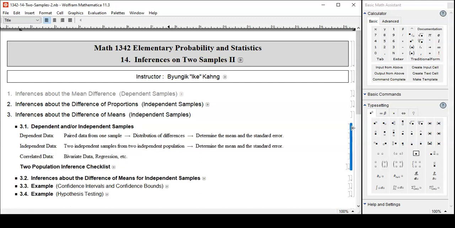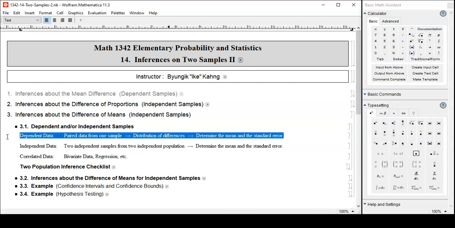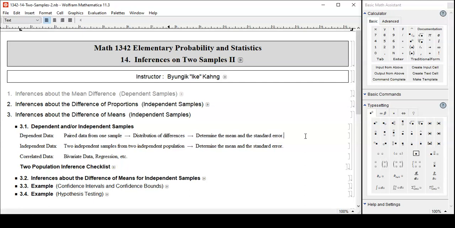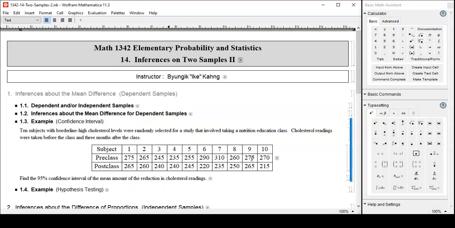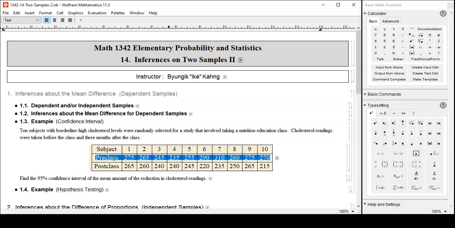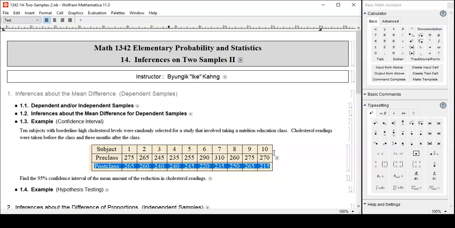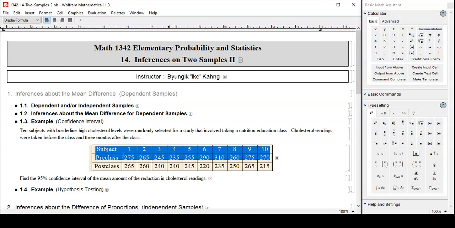Previously in Section 1, we went through this case: the two-sample inference for two completely dependent samples, both of which originated from a single sample from a single population. Like this example. We have two samples, a pre-class sample and a post-class sample, but these two samples are completely dependent, and they're all paired up with respect to these subjects.